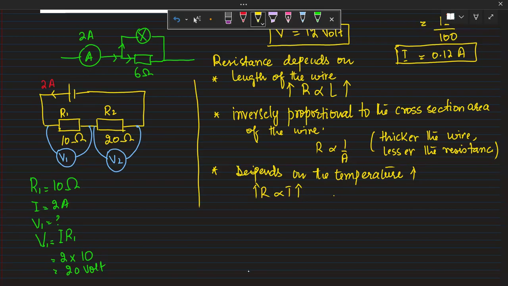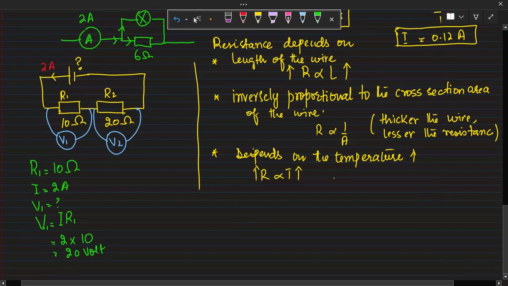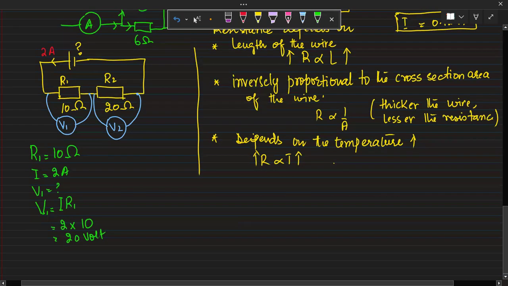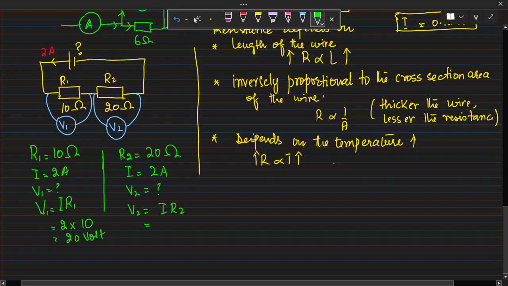Okay, let's make the question like this. What will be the total voltage, or what will be the voltage of the cell? Now I want to find out the voltage across R2. The resistance is 20 ohm, current is going to be 2 ampere. So V2 is going to be I R2. Since I remains the same in the series circuit, that does not mean it cannot change.